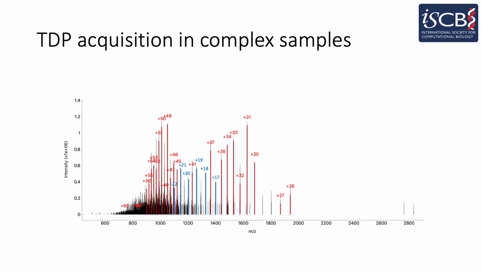The complex signal structure also complicates the data acquisition in complex samples. For instance, look at this annotated MS1 spectrum containing two proteoforms. The red and blue ones are the annotated peaks from the two proteoforms respectively. For this signal, if an instrument uses top 4 intensity acquisition, they are the ones that are selected.